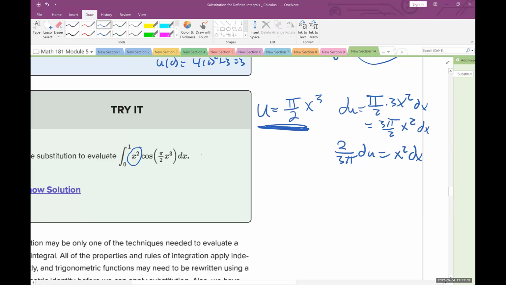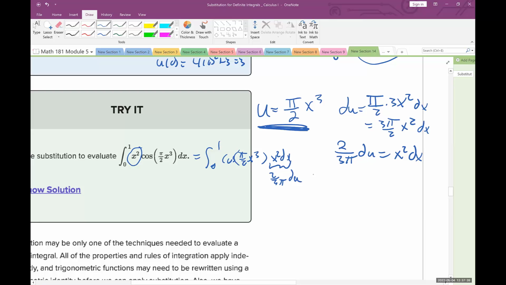So that this becomes, we would consider the integral from 0 to 1 of cosine of pi over 2 x cubed, times x squared dx. And this part here becomes our 2 over 3 pi du.